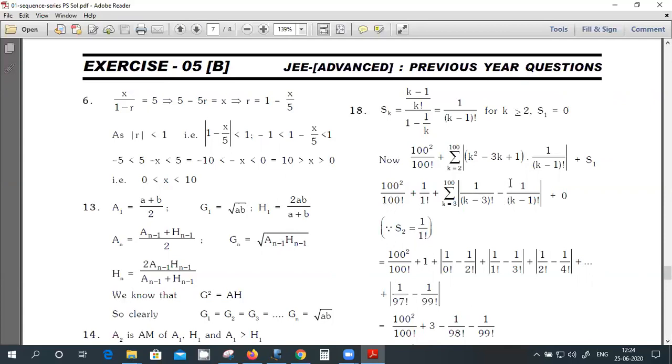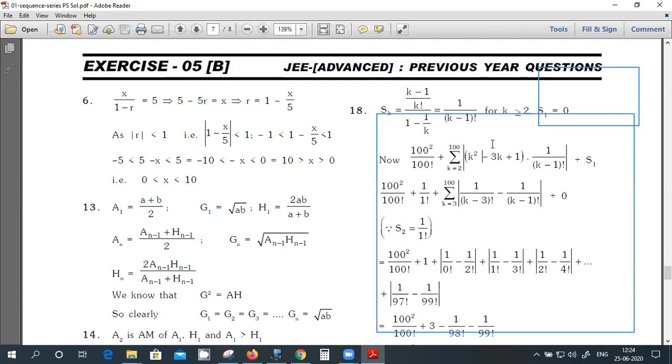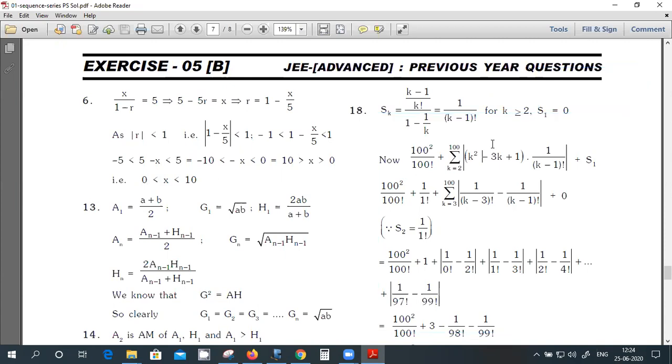Just one step is remaining. So this thing is basically coming out as (k minus 3) factorial into (k minus 1) factorial.